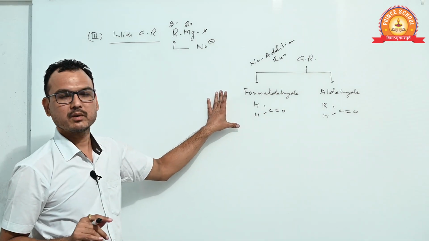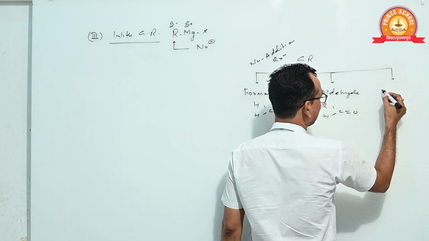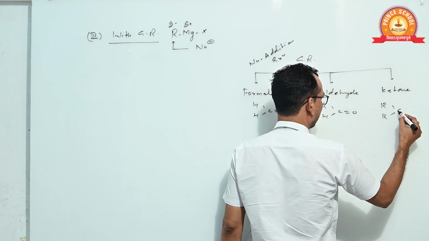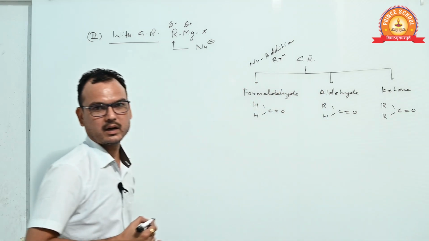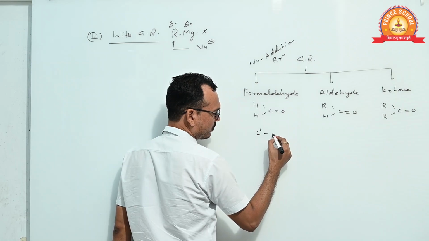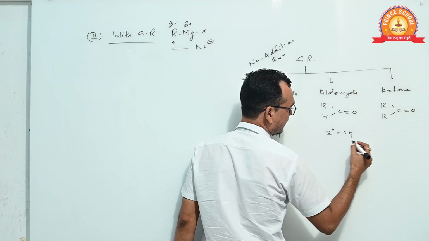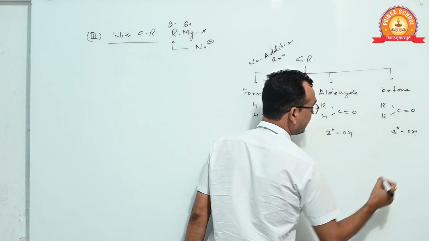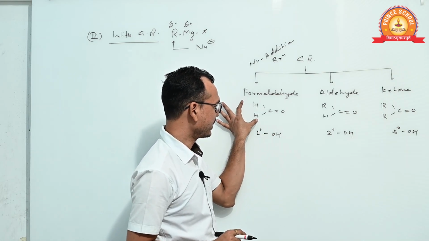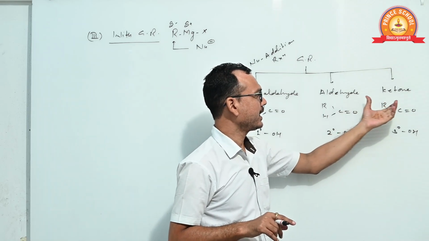And you have also studied this reaction in the alcohol chapter. And the third one is ketone, where both valencies of the carbonyl carbon are attached to alkyl groups. It gives the 1 degree alcohol, the 2 degree alcohol, and the 3 degree alcohol. You can separate the formaldehyde, the aldehyde other than formaldehyde, and the ketone.